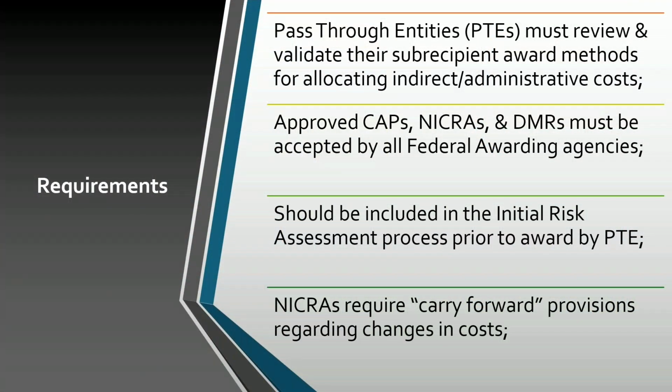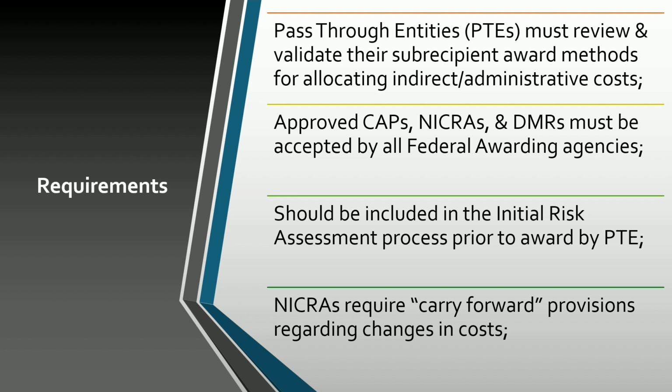So again, pass-through requirements: you have a requirement to validate that they have a proper method for charging indirect costs. They're accepted by all federal agencies. So it's good for labor, but HUD's telling us they won't accept this rate. That's in the uniform guidance. If you have an approved methodology, every federal entity must accept it, okay?